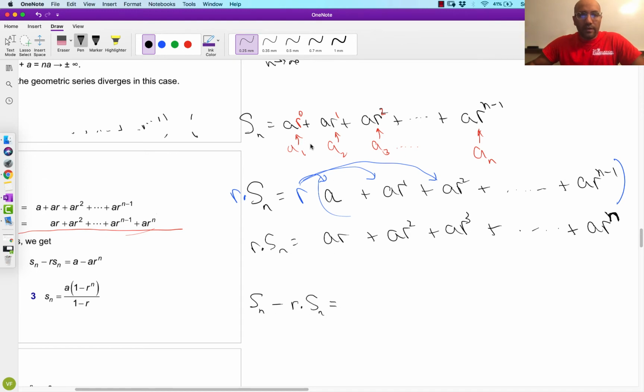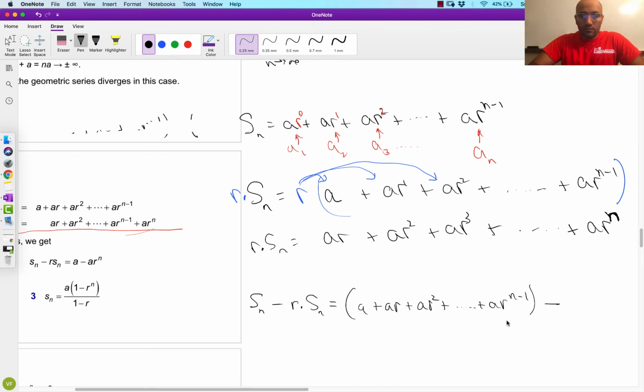The s sub n was this: a plus ar to the first power plus ar squared plus and so on, and ar to the n minus 1 power. This is s sub n minus, and now r times s sub n, which turned out to be this. We're really just adding an extra power of r to each of these terms.